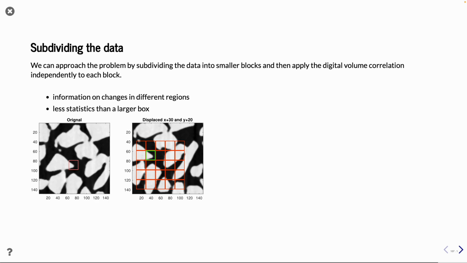And this can be very useful if you want to compute strain fields within the material. And it's used a lot in mechanics, that they use digital image correlation or volume correlation to determine strain fields within the image data.